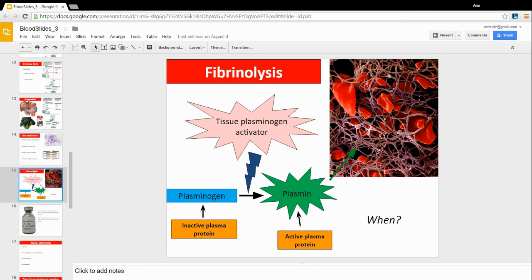And plasminogen is turned into plasmin by a chemical called tissue plasminogen activator, which will be present in abundant quantities by the time tissue repair is done. So that sums up coagulation, which is a big part of hemostasis, alongside platelet plug formation and vascular spasm.